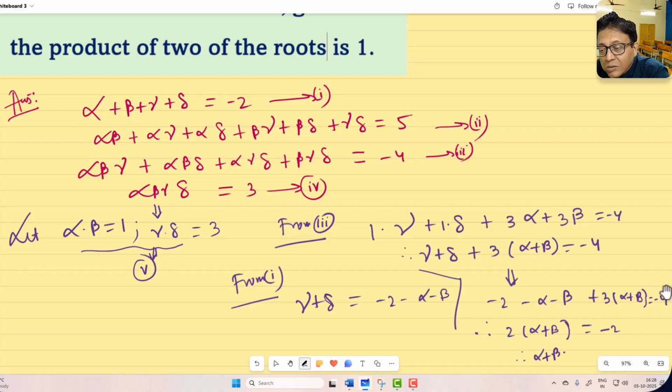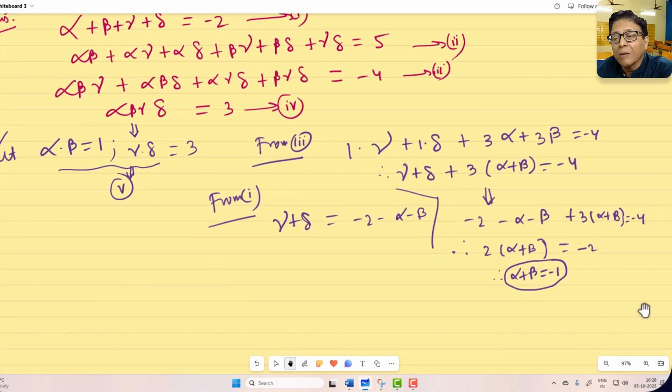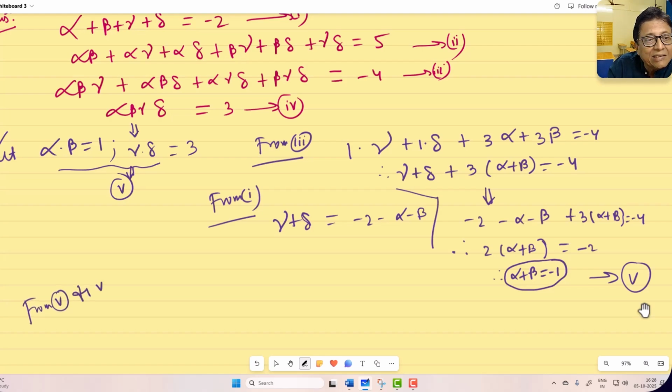So alpha plus beta is minus 1. Now you already have the condition alpha beta equal to 1 and alpha plus beta equal to minus 1. If you take this one as number 6, from 5 and 6 you can say that alpha, beta are the roots of x square minus sum of the roots plus product equal to 0.